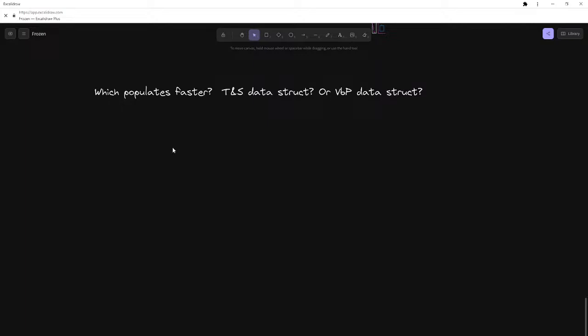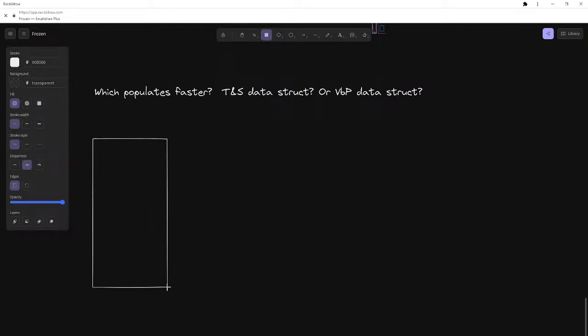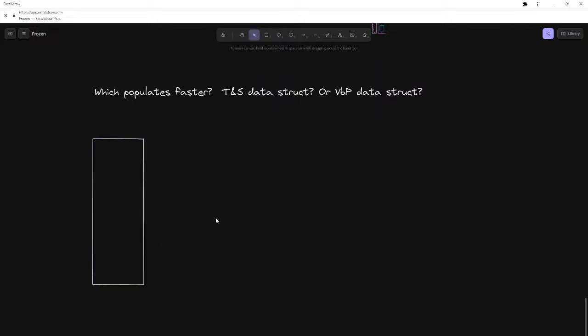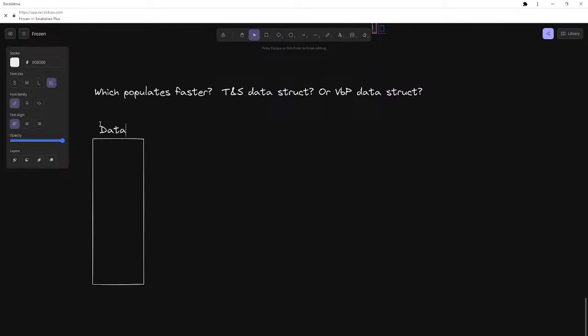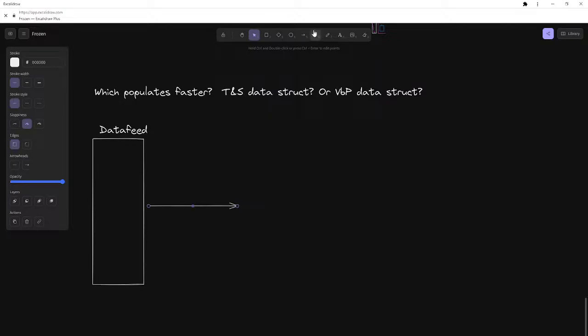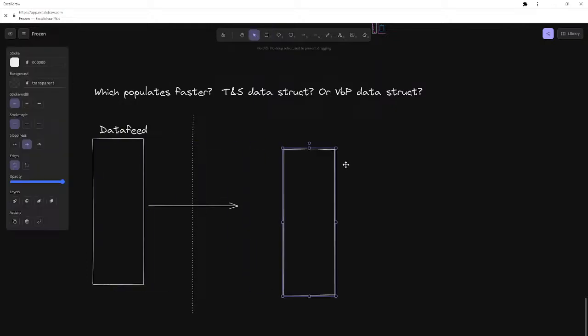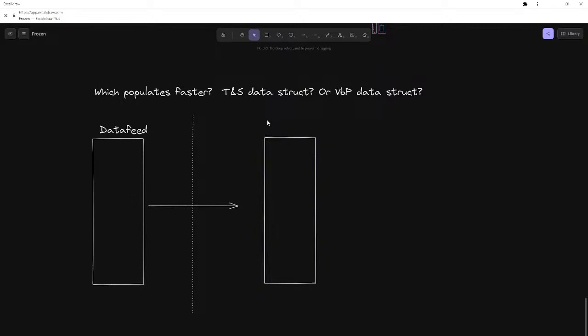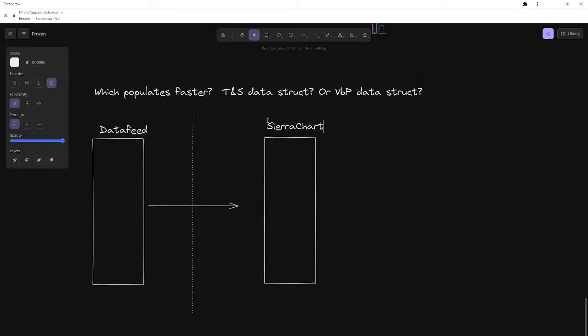So my understanding is that, let's just draw it out. We have data, this is a data feed, and it's coming over the internet to our machine, our Sierra Chart instance.